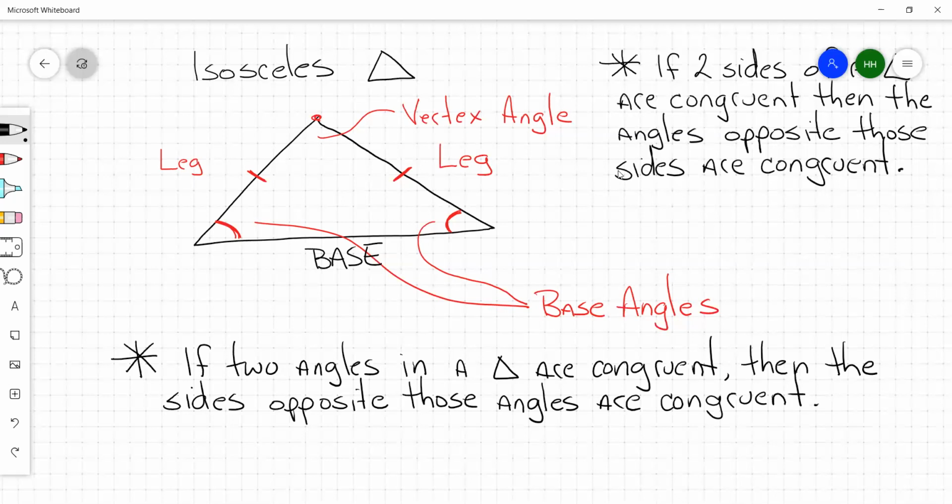Two really important rules regarding isosceles triangles.